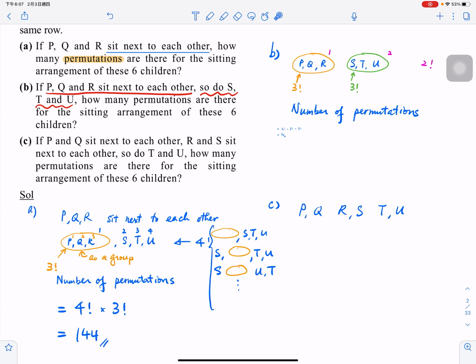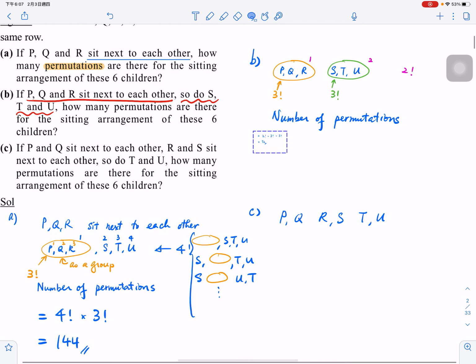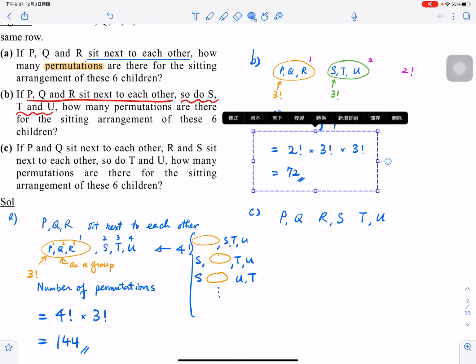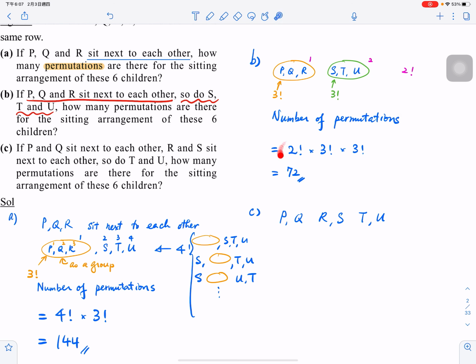So here 1 group, 2 groups, you can think of it as 2 items, so 2 factorial at the beginning, and each group you have 3 items inside, so 3 factorial for this one and 3 factorial for this one. So at the end, the number of permutation will become 2 factorial times 3 factorial times 3 factorial. So times all together, it will become 72.